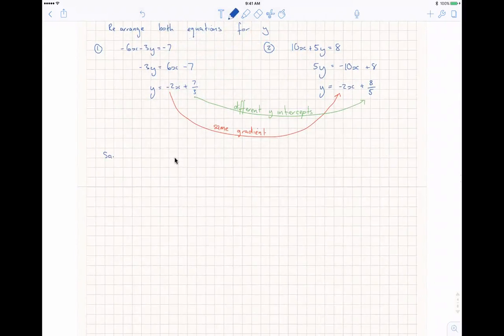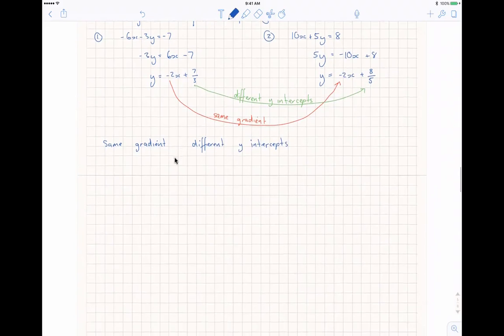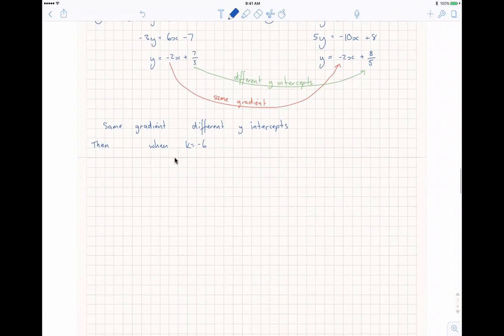So if we've got the same gradient and different y-intercepts, then when k equals minus 6, there are no solutions.